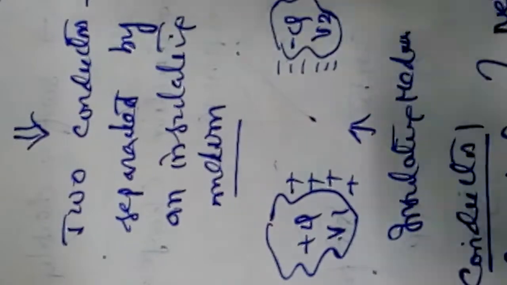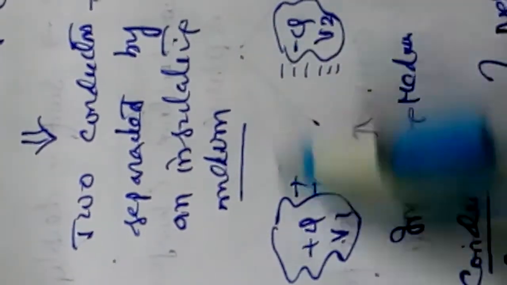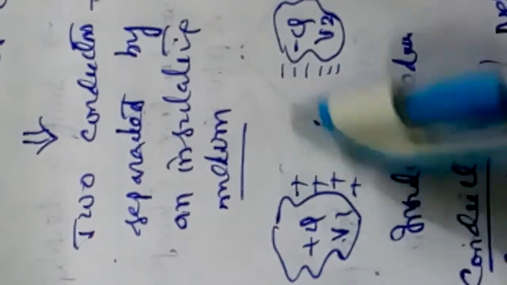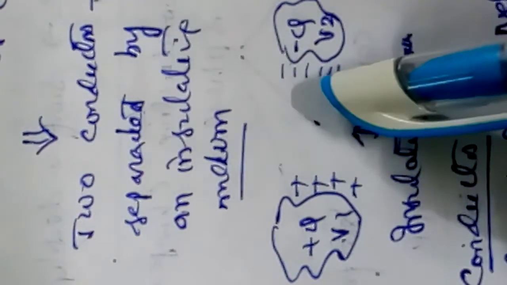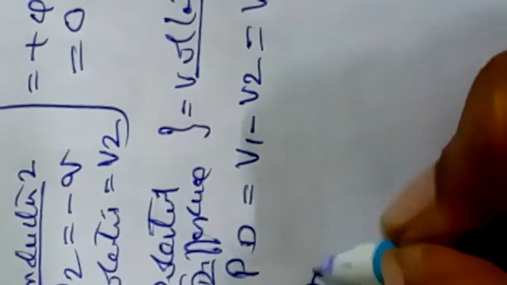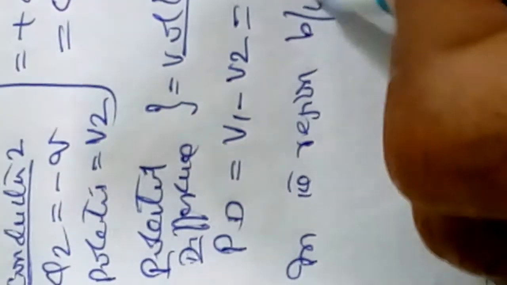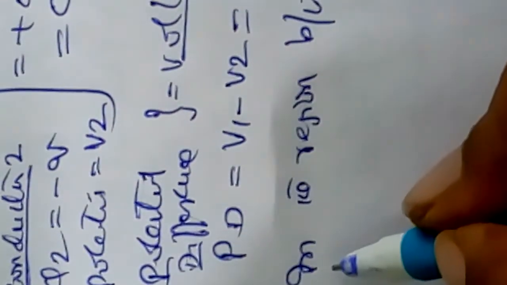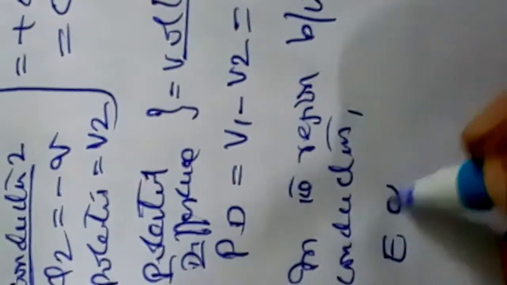And if you look at this diagram, we all know that in the region between these two conductors, if you calculate the electric field intensity, it depends on the charge. That means in the region between the conductors, electric field intensity is proportional to the charge.